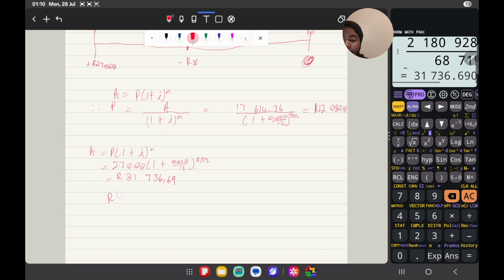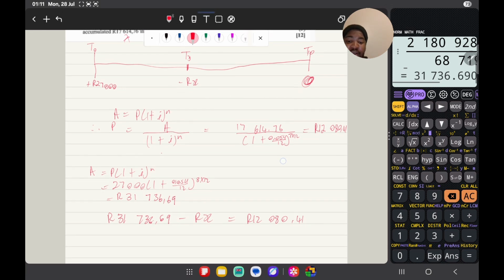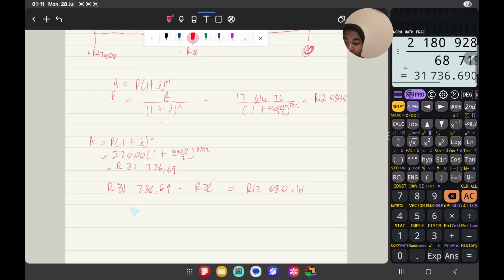From this 31,736.69, he withdraws X, and he was left with 12,080.41, which remained in the account for 7 years to end up giving 17K.